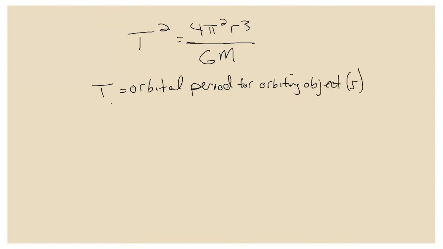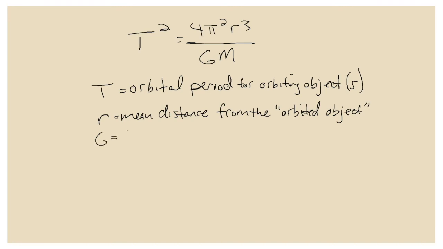We have our r here, which is the mean distance from the sun, or mean distance from the orbited object. Of course, G is 6.67 times 10 to the negative 11 meters cubed per kilogram second squared.